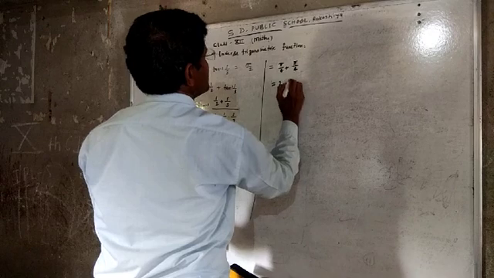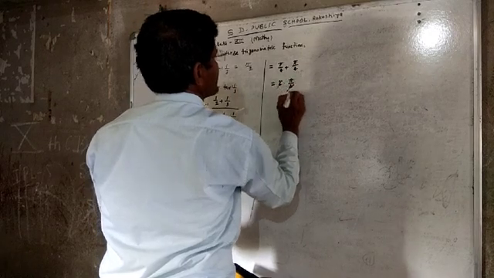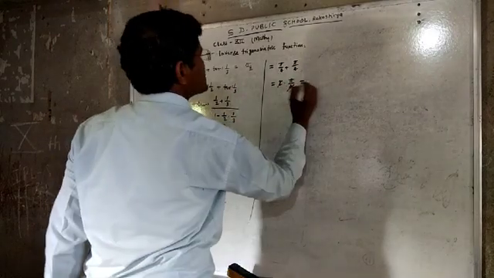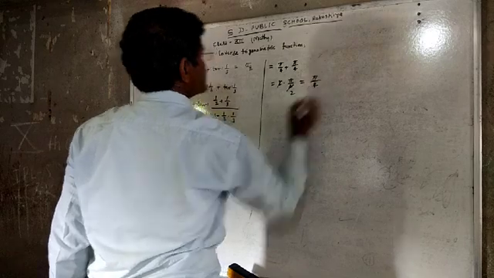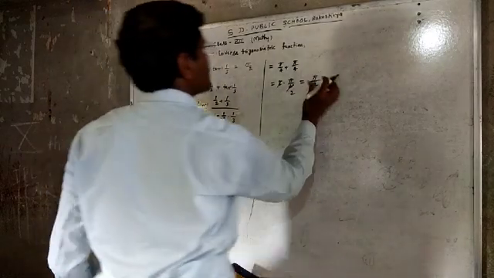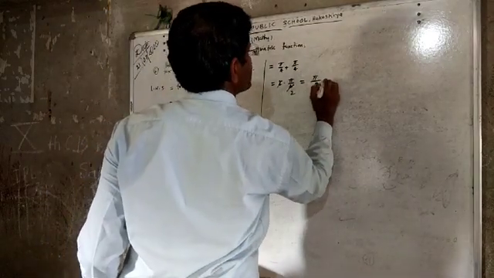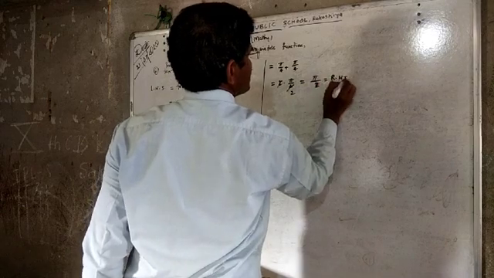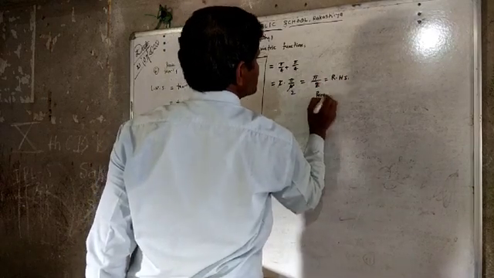Hence, 2 into pi by 4, and 2 and 4 are cancelled, and the result is pi by 4, sorry, pi by 2. It is RHS, and the problem is proved.